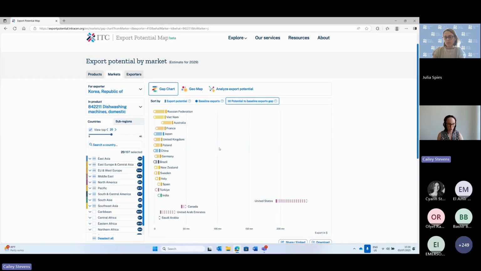We are not taking account of trade remedies. So in the case of dishwashers exported from the Republic of Korea to the US, they actually qualify for a preferential tariff of 0% when they enter the US. So we are assuming a tariff of 0% in the US market. So even when we are assuming a 0% tariff, the US doesn't have any unrealized potential for dishwashers from Korea.